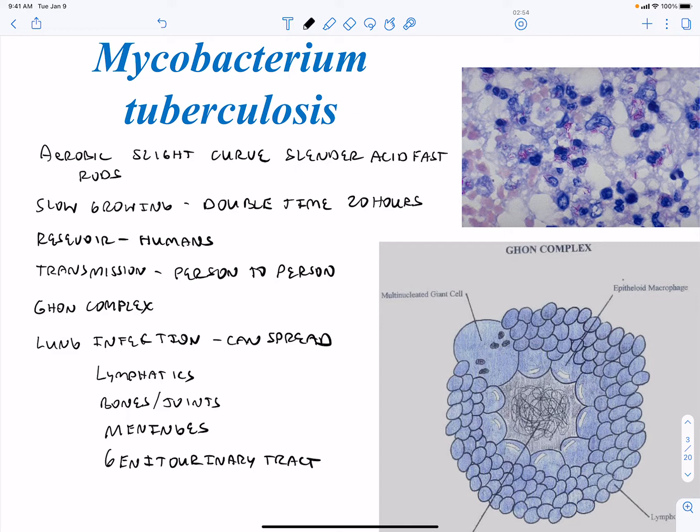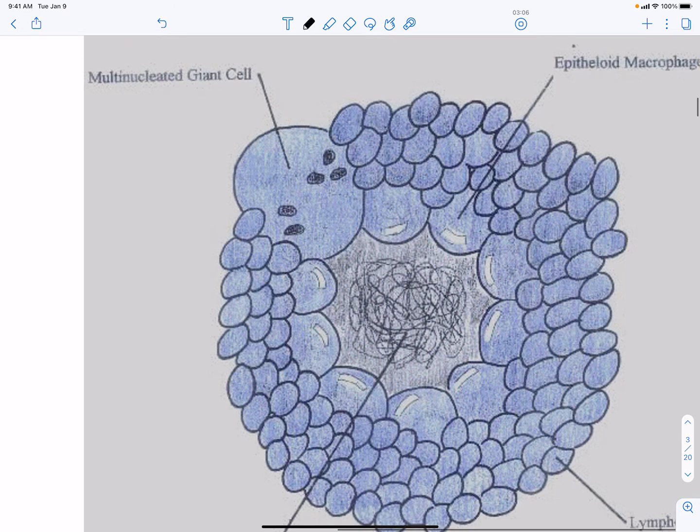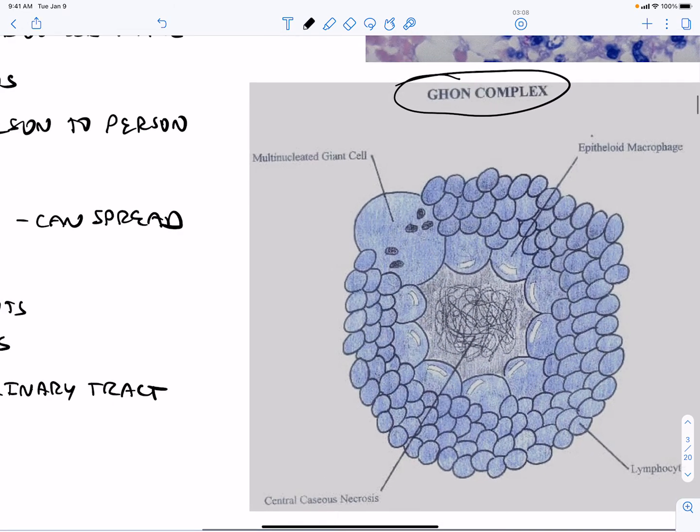Many of its proteins will be released, and those are what are going to cause the features of tuberculosis, such as this Ghon complex. The Ghon complex, if I blow this up, is basically what is found in the lungs. The Ghon complex is a non-pathognomonic radiograph finding, typically by a chest x-ray.